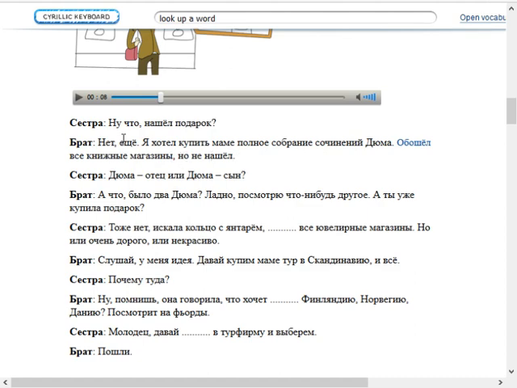Но не нашел. He did not find it. Дюма отец или Дюма сын? Dumas the father or Dumas the son? А что, было два Дюма? What, there were two Dumas? Ладно, посмотрю что-нибудь другое. Okay, I'll look for something else.